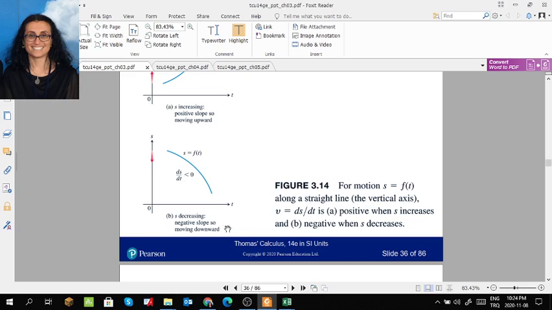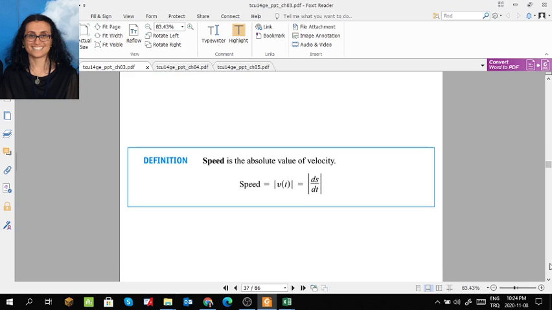So the object's direction is negative, in the opposite direction, because velocity is negative here. So velocity being negative or positive is just related to the direction of the motion.